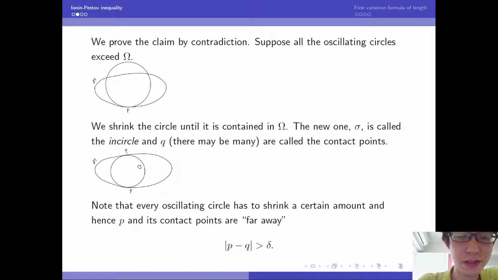This is by a compactness argument. The amount of shrink is greater than 0, and since gamma is compact, it must be greater than some delta. So it leads to the fact that P and its contact points are far away. The distance between them is greater than some constant delta.